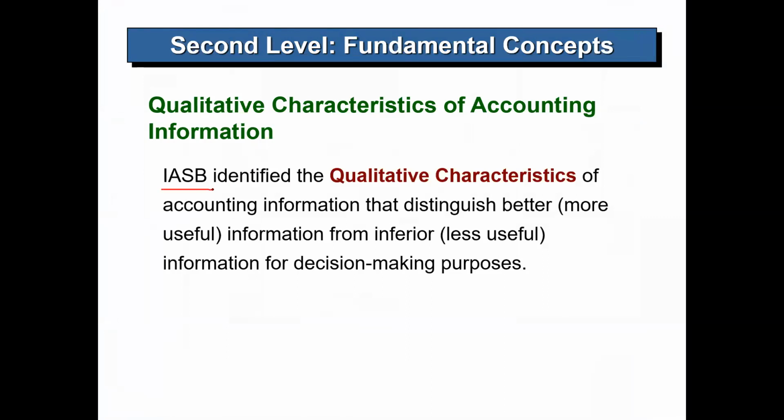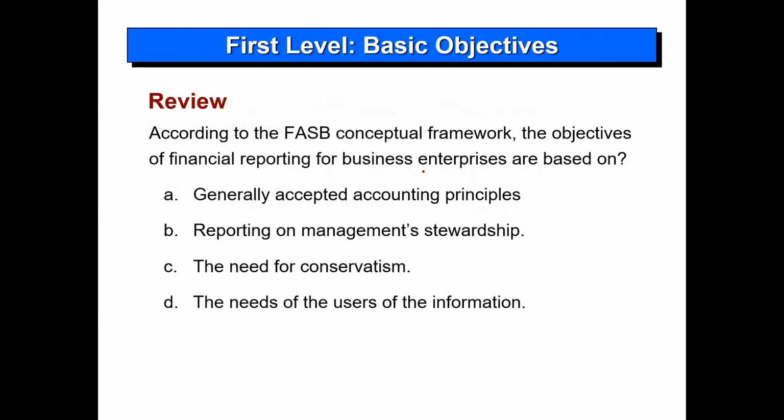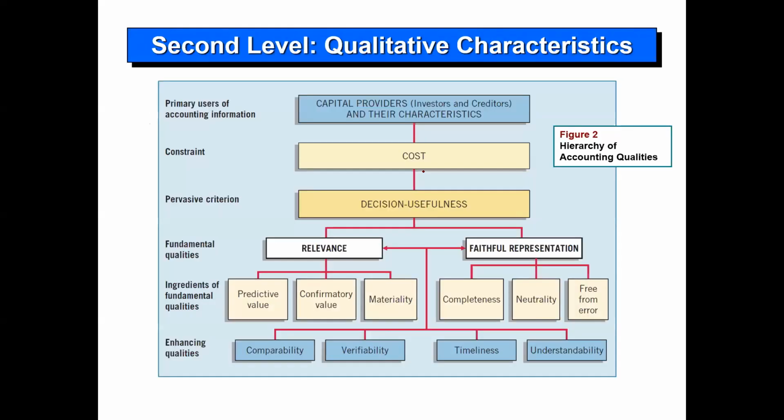IASB اللي هو International Accounting Standard Board identify the qualitative characteristics of the accounting information that distinguish better or more useful information from inferior or less useful information for decision making purposes. يعني actually the qualitative characteristic دي increasing the usefulness of information. Increasing the usefulness of information.